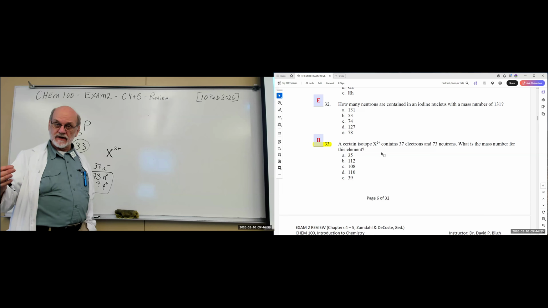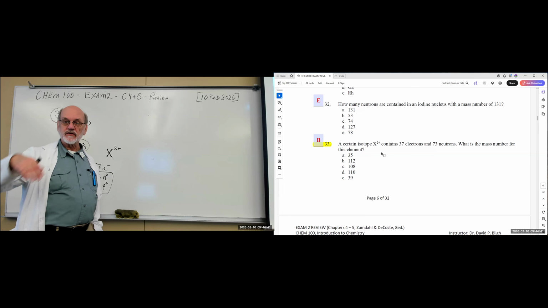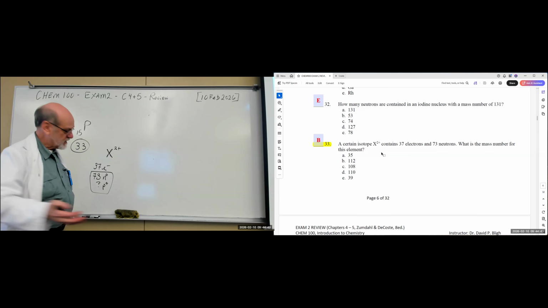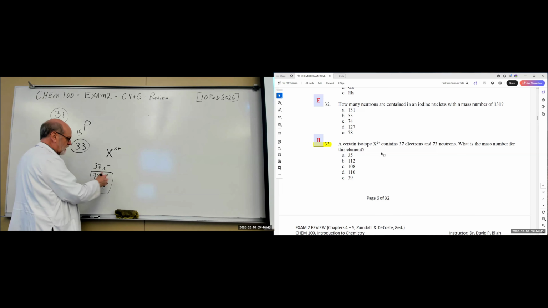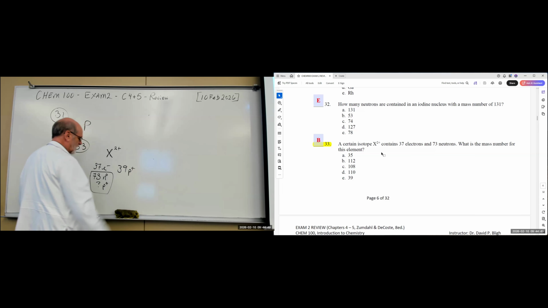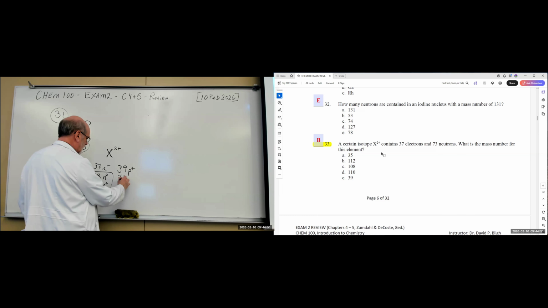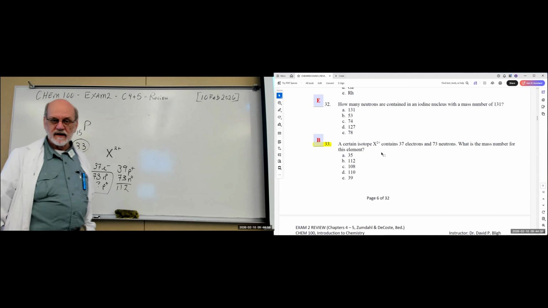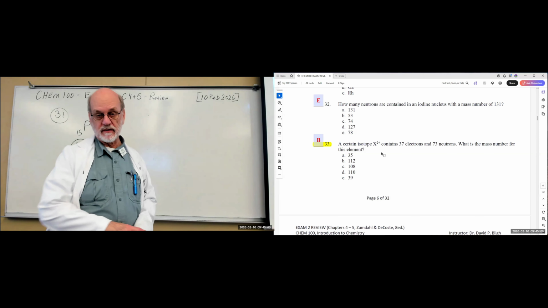It's not balanced. It's unbalanced toward the positive. So if we know that it has this many electrons, it must have 39 protons. And 39 and 73 equals 112. That's your mass number.